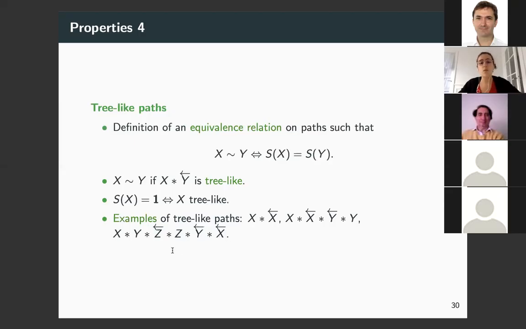This is where the name tree-like comes from. You can see a kind of tree structure here: Z is the root, then you have a Y and Y backwards, and then X and X backwards. These are the kind of paths that you lose with a signature. All these paths have a 0 signature.